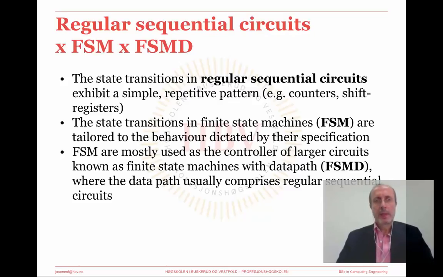Now let us start by differentiating between the 3 main types of sequential circuits that we will consider. The first type consists of regular sequential circuits where the state transition is highly regular. A binary counter is a good example of this type of circuits.